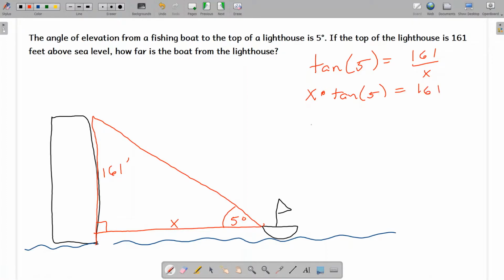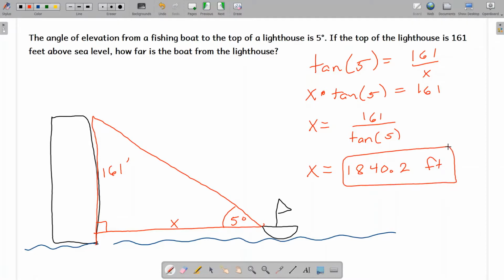I need to divide by tan of 5. And doing that is going to give me x equal to 1,840.2 feet. So that's how far away the boat is from the lighthouse.